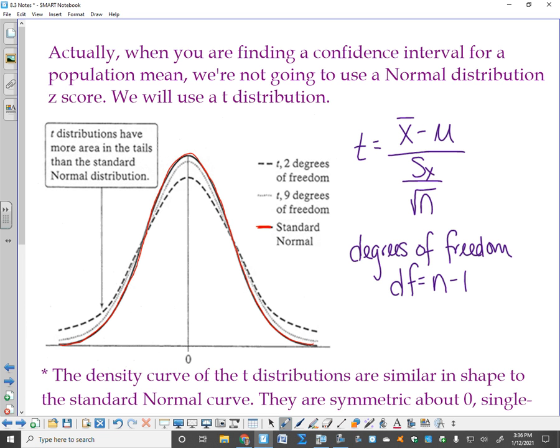Now, the other two lines are both t-distributions. They have different, what's called degrees of freedom. The more chunky dotted line has 2 degrees of freedom, and the thinner, lighter one has 9 degrees of freedom.